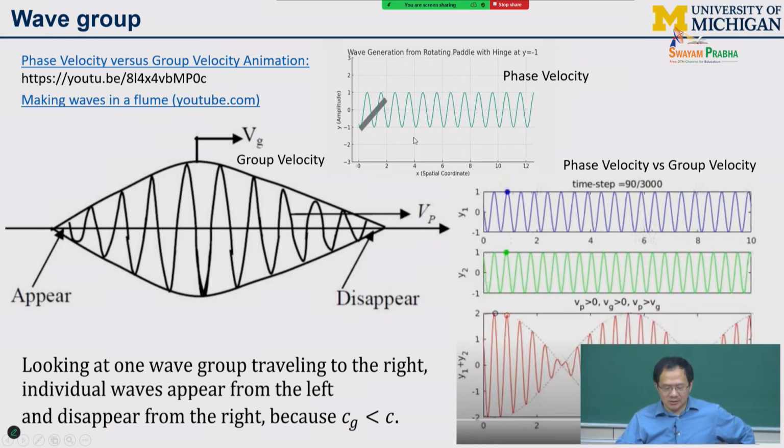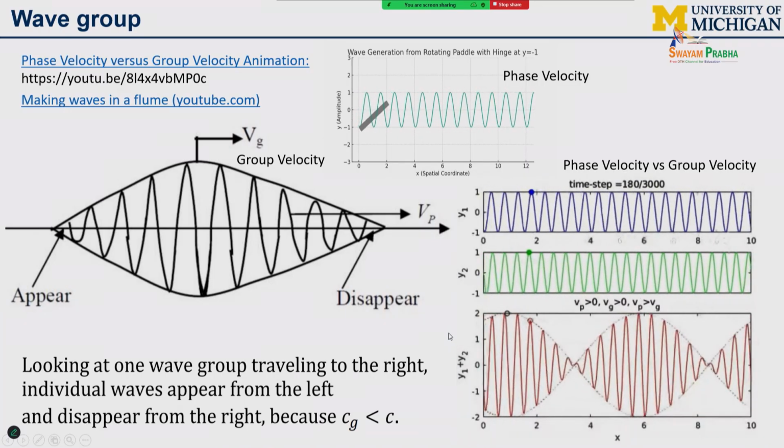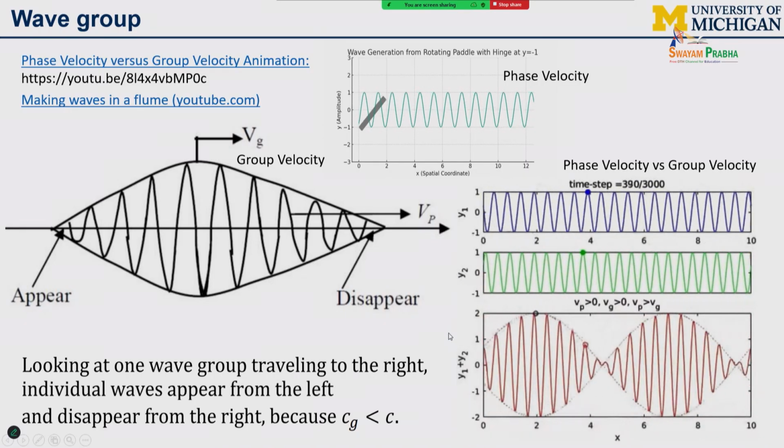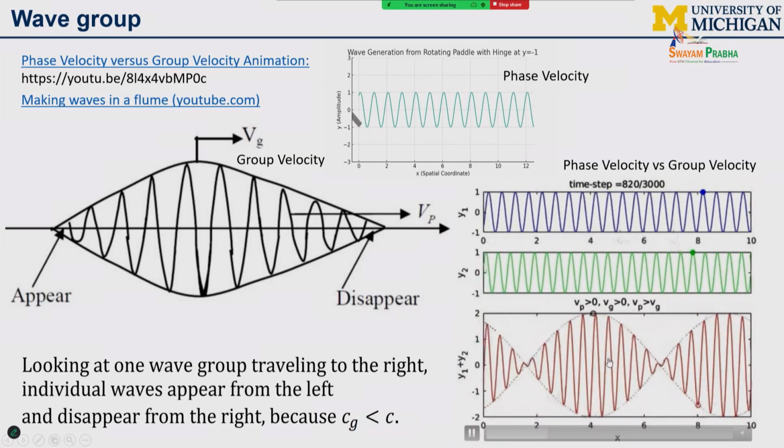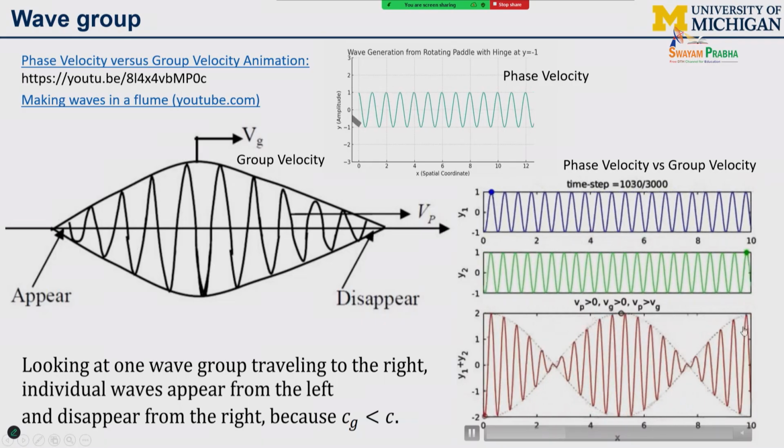So this is what I call phase velocity, right? Now you have two waves, and for these two waves the wave number changes slightly and the wave amplitude changes slightly. You know what the combined wave looks like. Okay, the combined wave has an envelope that is moving, right?